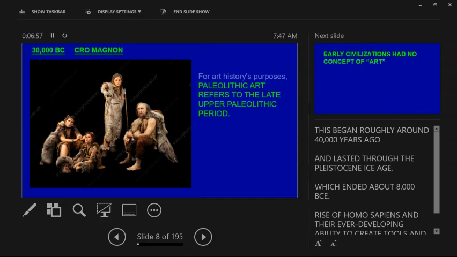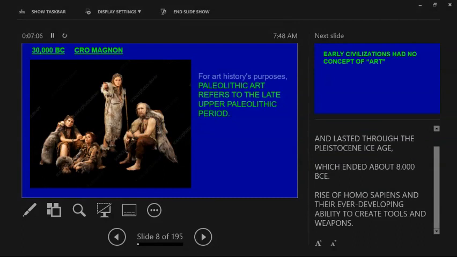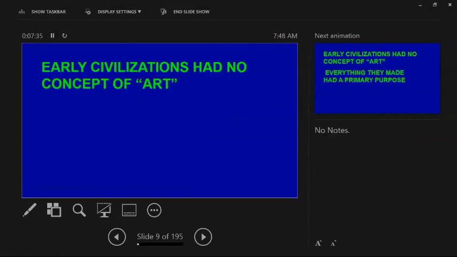So this began roughly around 40,000 years ago and lasted through the Pleistocene Ice Age, which ended about 8,000 BCE or BC. And this is the rise of the Homo sapiens and their ever developing ability to create tools and weapons. So these early civilizations had no concept of art.